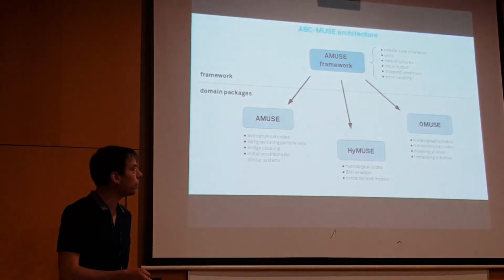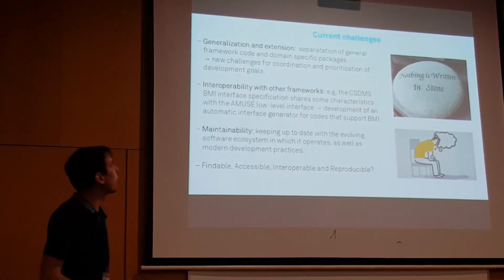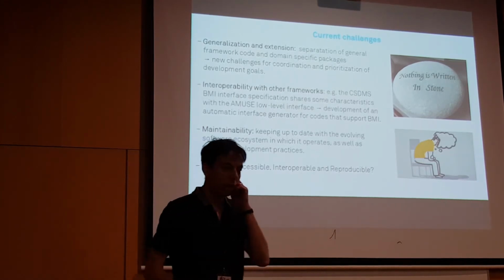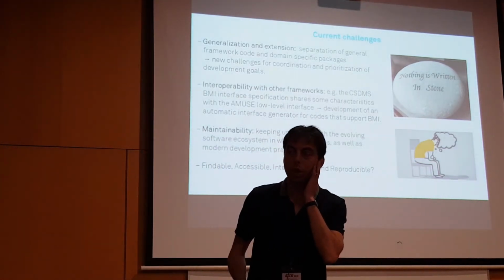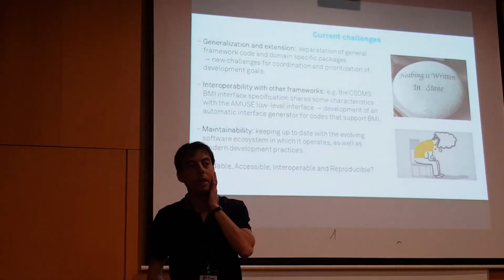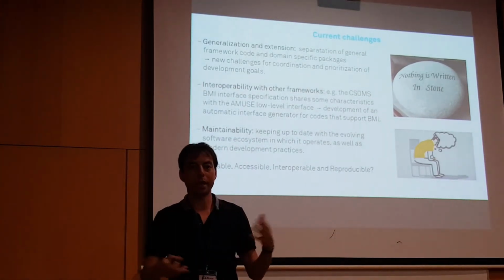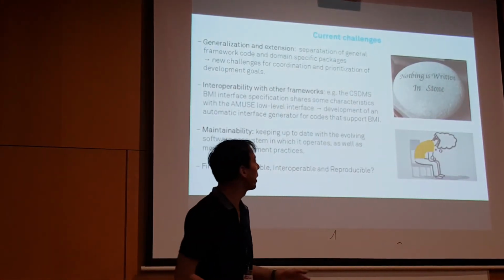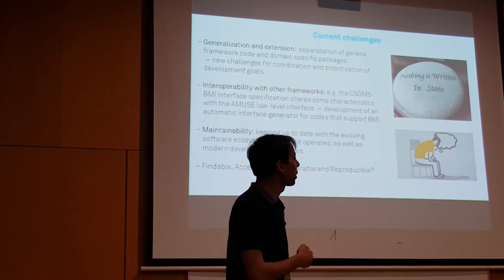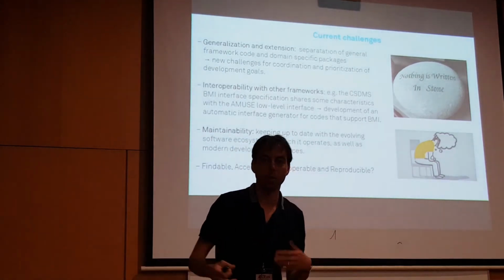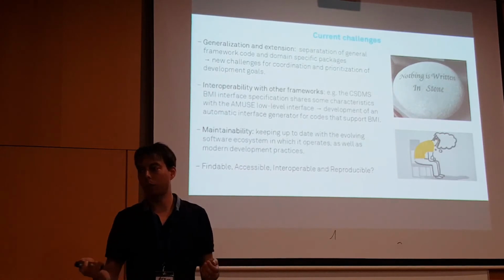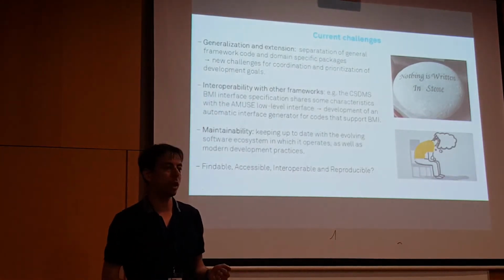So the challenges that we run into right now are really in the generalization, because we want to generalize the framework, and because we like having multiple balls in the air now, sometimes things collide a little bit. But that is nice now that we have the development at the eScience Center.